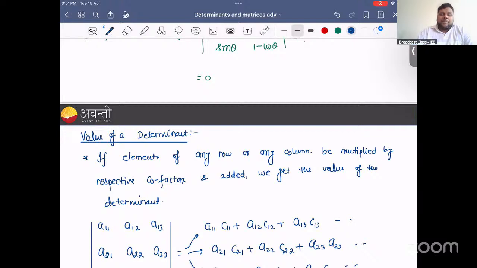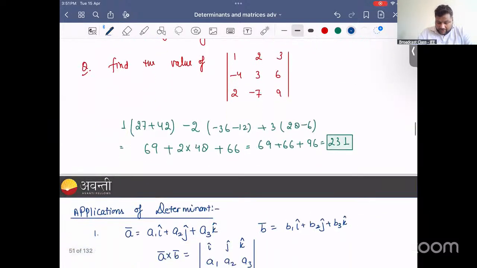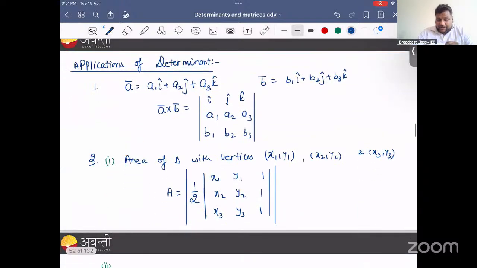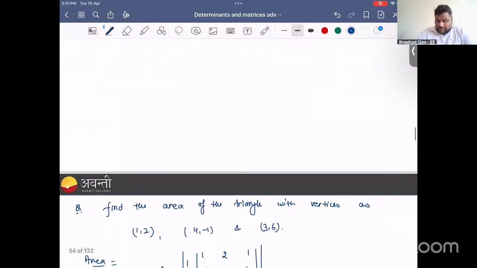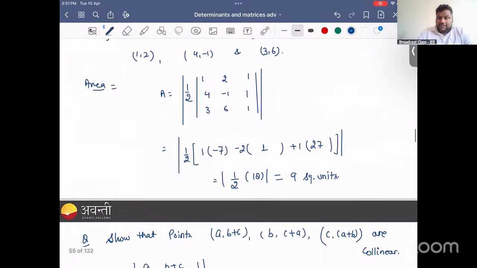But if we multiply the elements of any row with the cofactors of any other row, we get 0. Then applications of determinants, where we generally use it: cross product, area of triangle, collinearity of 3 points, and condition for concurrency of 3 lines. And then we use it for a second degree general equation when it can be resolved into 2 linear factors. Is it okay?